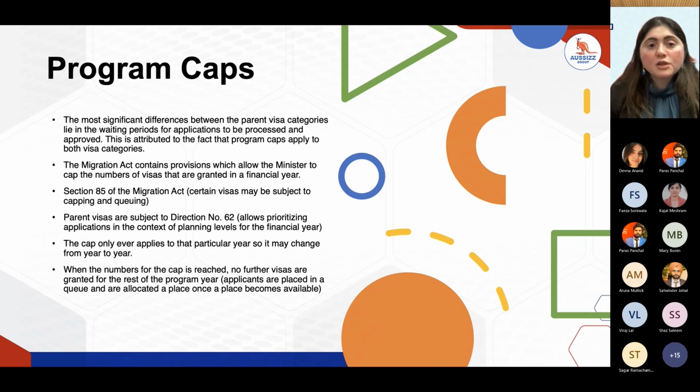Like we said, I've already discussed the queue date for each visa, and according to that, the visas will be processed. When the department's cap limit is reached, they do not process any further parent visas, and applications are queued and allocated a place once one becomes available.